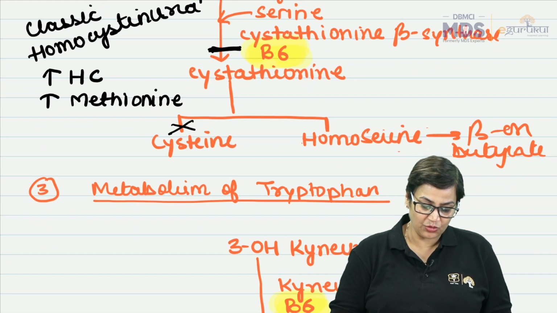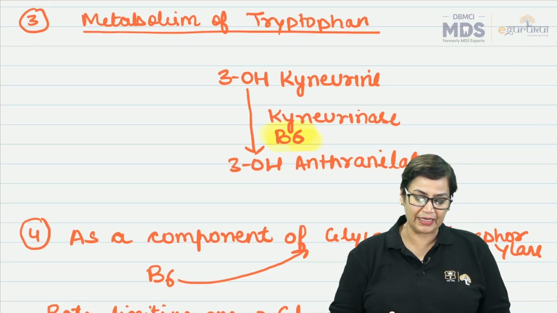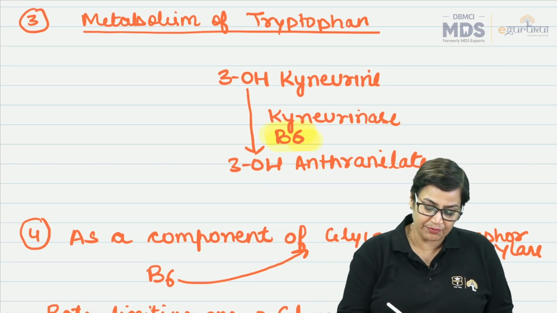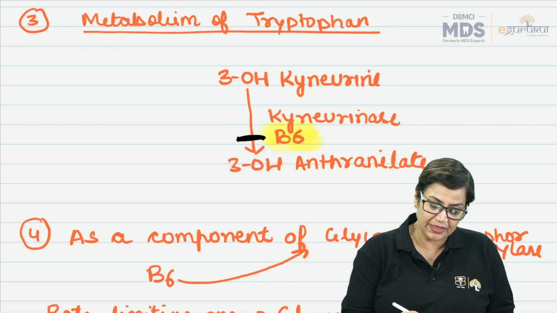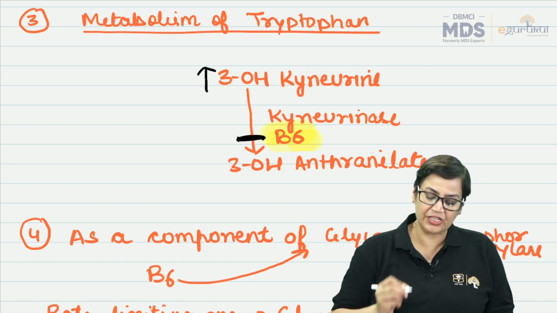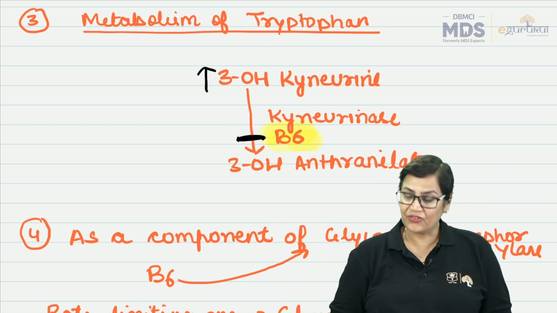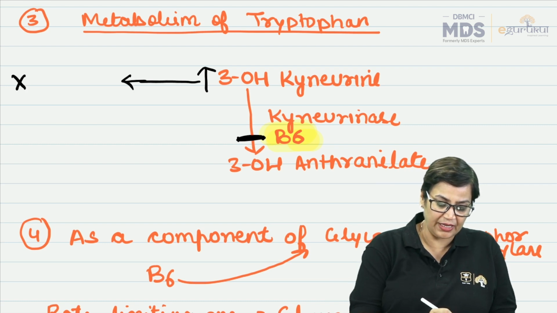Then coming over to the next, I will again write it in the next one. Now, if we talk about the metabolism of tryptophan, what happens is, if B6 is absent, that is what we are concentrating on. That means there will be increased concentration of 3-hydroxykynurenine. And this 3-hydroxykynurenine will be diverted to form xanthurenic acid.